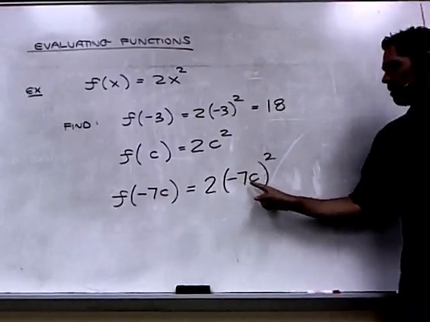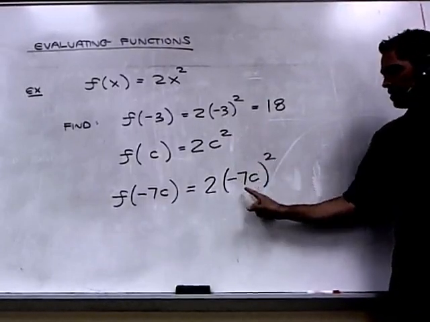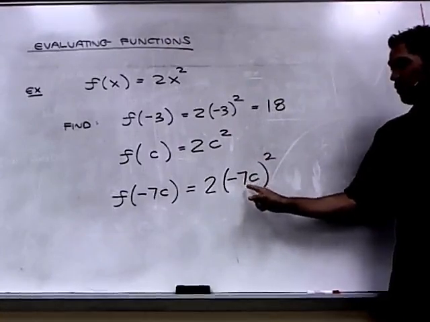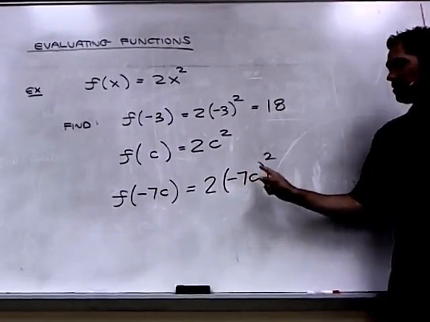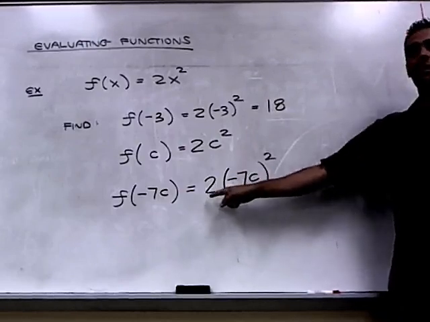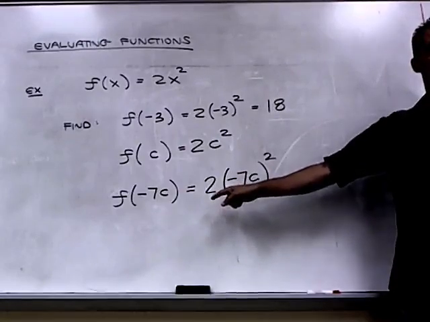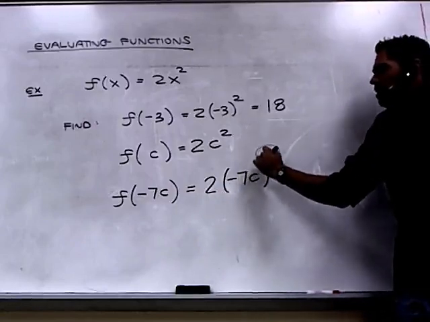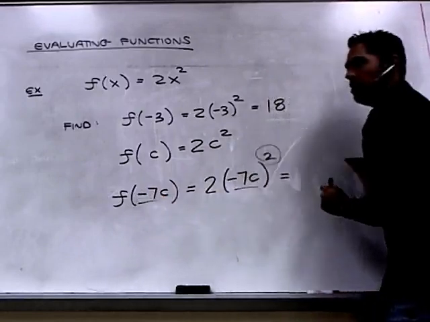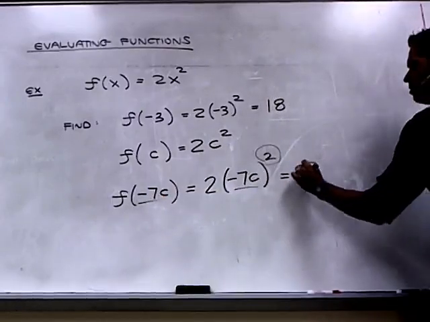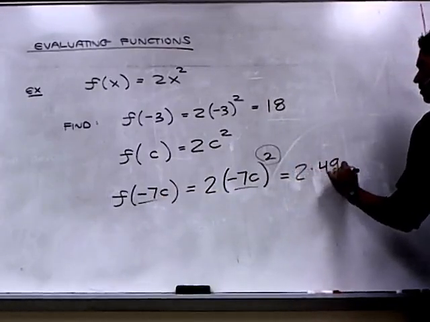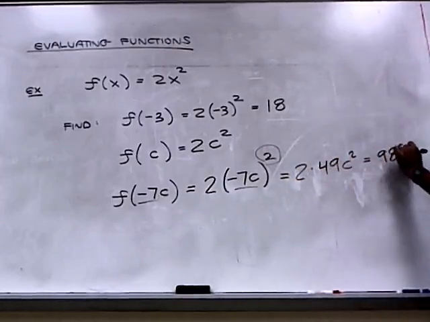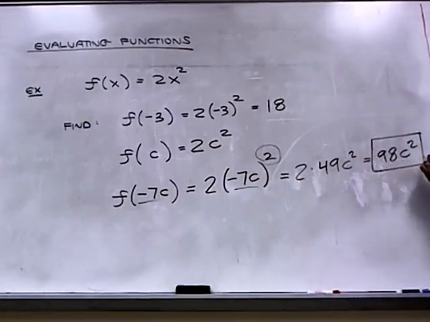And now when you square negative 7c, you have to do negative 7c times negative 7c, which is positive 49c squared. And then you still have 2 out front, don't you? The important thing is that the squared here is acting on everything you plugged in, right? So I have 2 times 49c squared, and what's 2 times 49? 98c squared. So you get 98c squared.